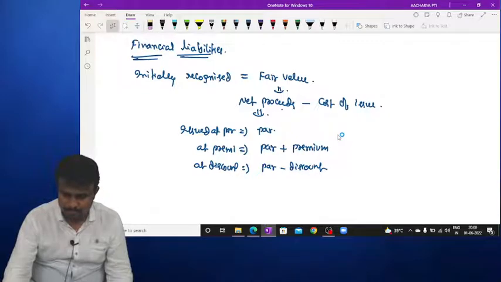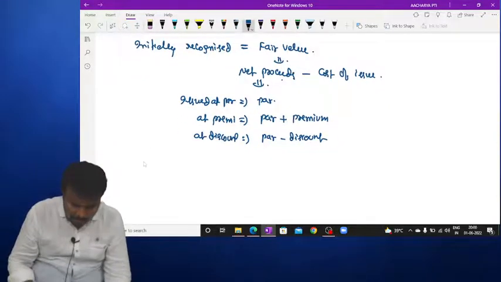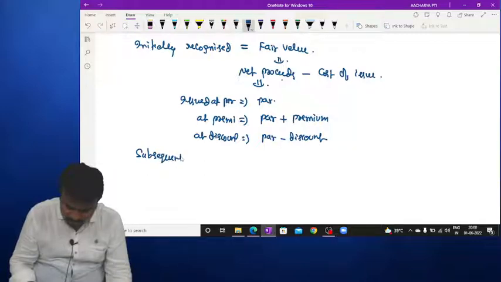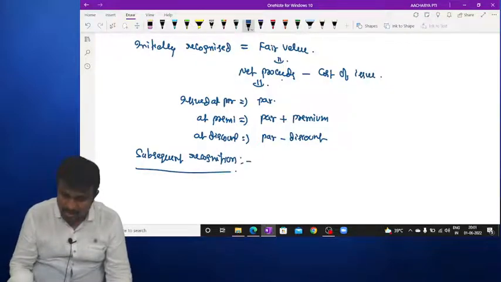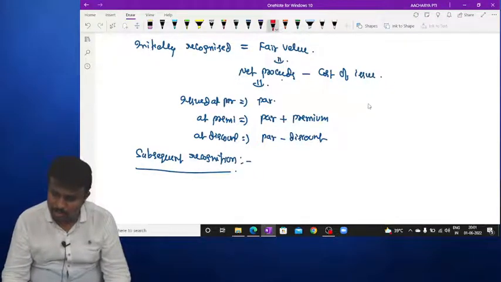Then, coming to the subsequent recognition. First, in the case of initial recognition, what journal entry do we record?